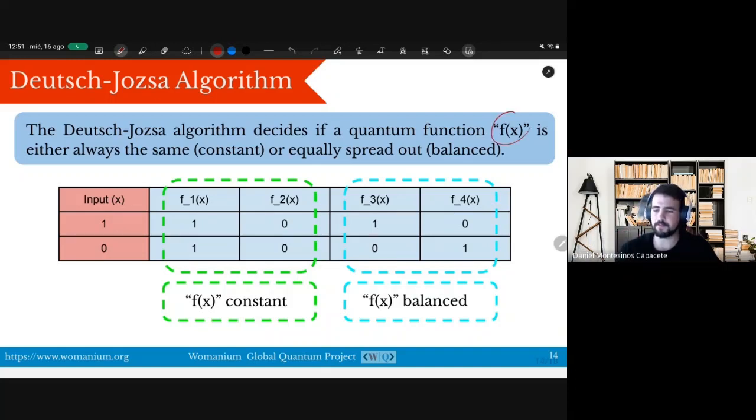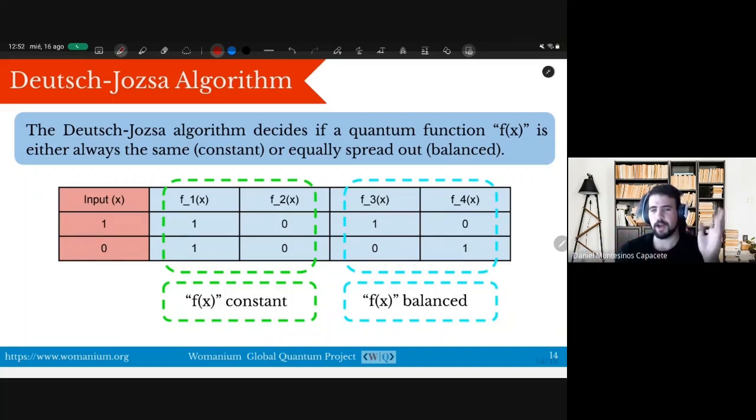Imagine we have a binary function that gets either 0 or 1. That's the input, which I will call x. So it can get either 0 or 1, and it can give you either 0 or 1 also.